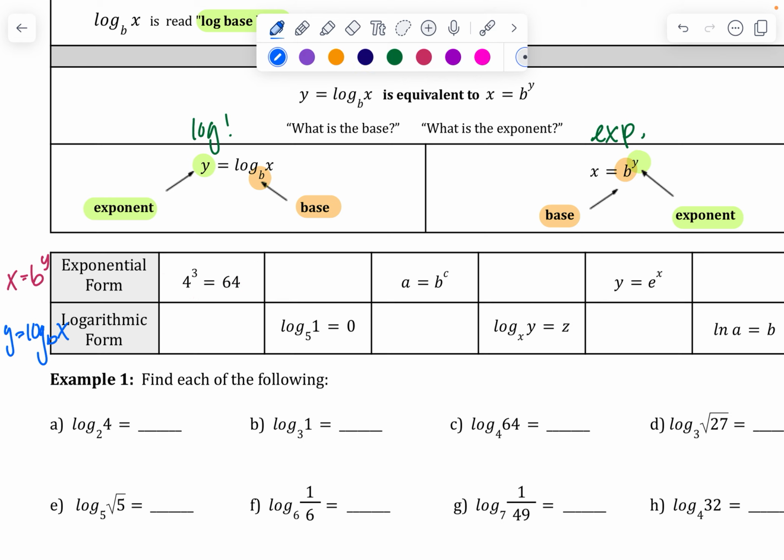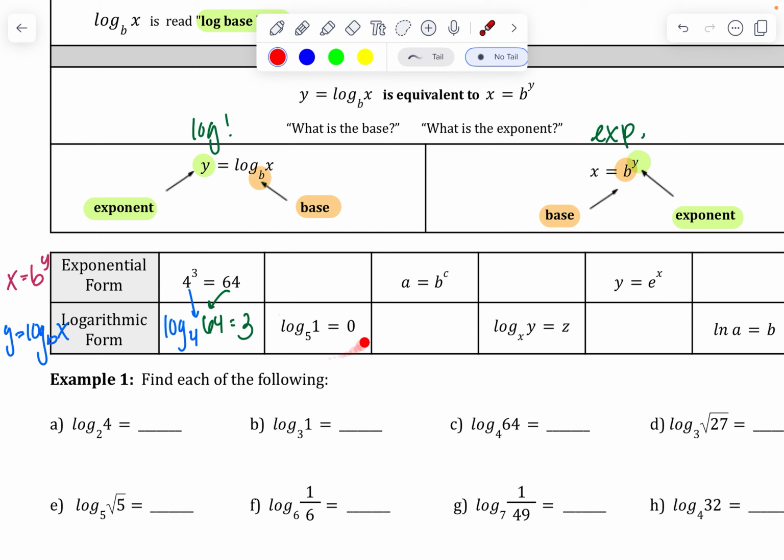Okay, so I'm going from exponential form to log form. I have 4 cubed is equal to 64. When I'm putting it in log form, I always have log. The 4 then becomes the base. So log base 4 of 64 is equal to the exponent of 3.